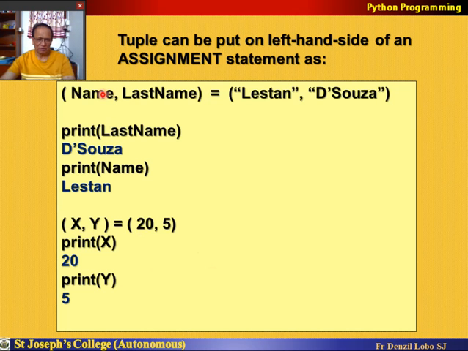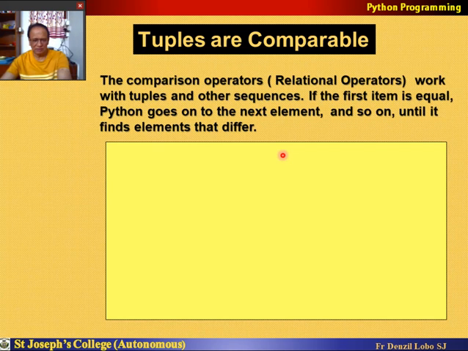Tuples are comparable. You can compare two tuples. This is one more thing. The comparison operators, that is relational operators, work with tuples and other sequences. If the first item is equal, Python goes on to the next element and so on until it finds elements that differ.